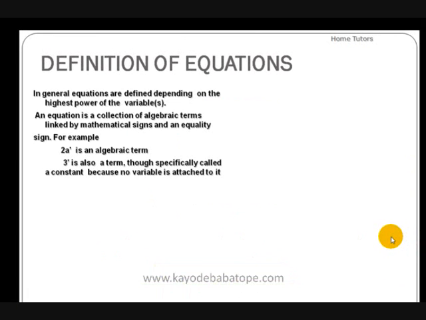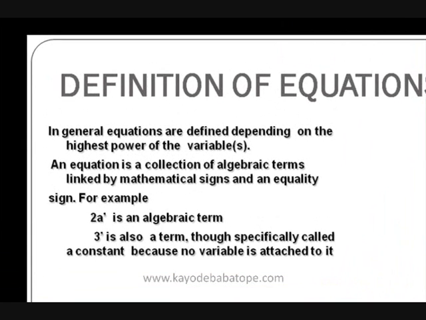Definition of equations. In general, equations are defined depending on the highest power of the variables. An equation is a collection of algebraic terms linked by mathematical signs and an equality sign.